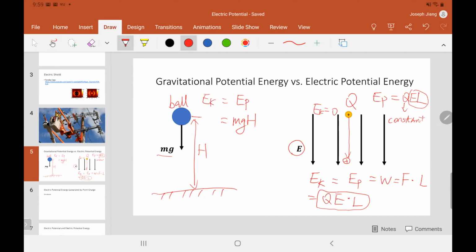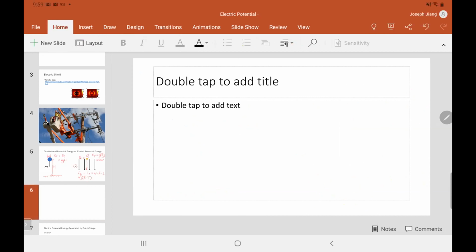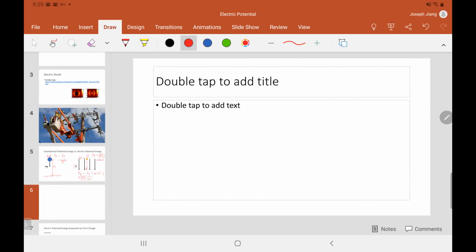So we call this combination the electric potential. So I use a new page. So we know the work, or electric potential energy, equals the charge times the electric field times L, and we define the electric field times the distance as a new physical property. We call it electric potential.